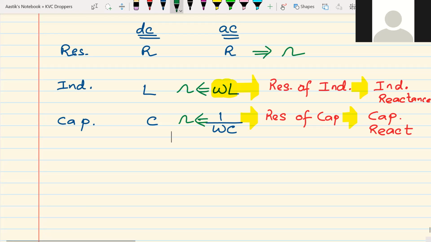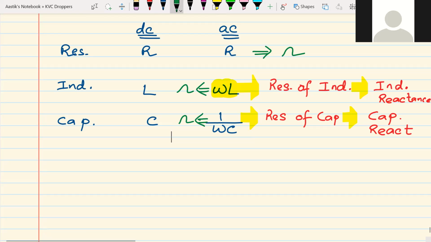In DC, we had resistance, inductance, and capacitance. Here we have resistance, inductive reactance, and capacitive reactance. Well done. All SI units are ohm. Good.